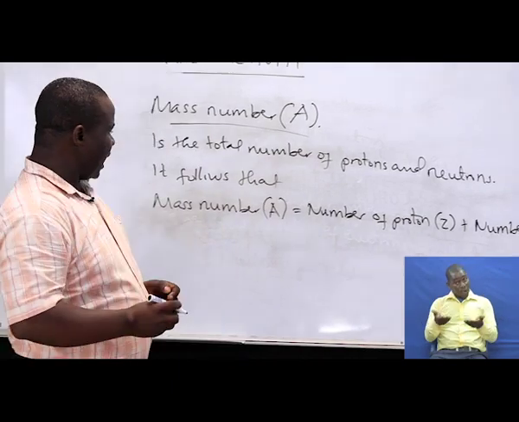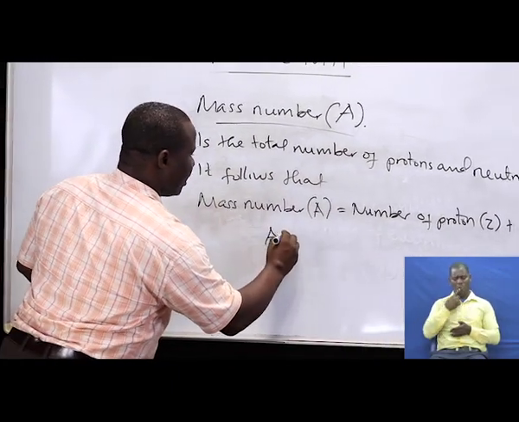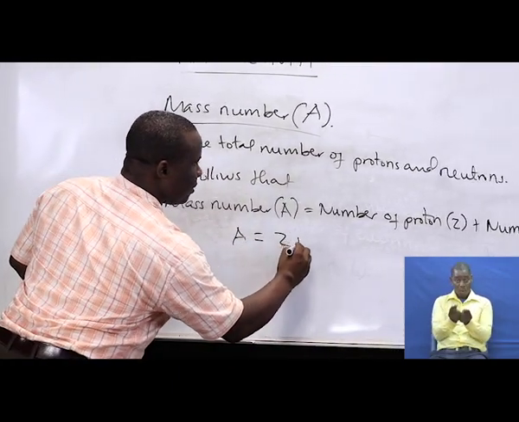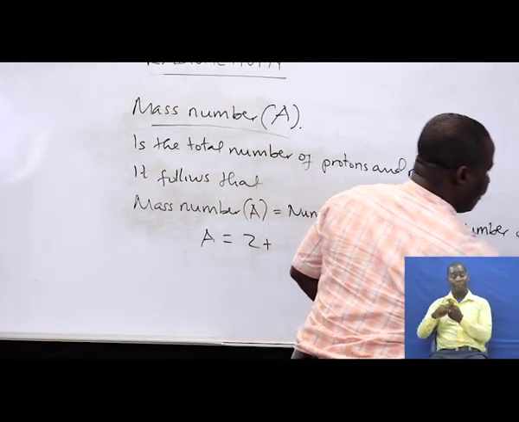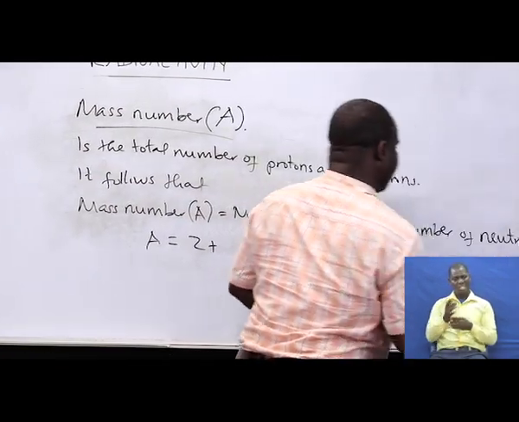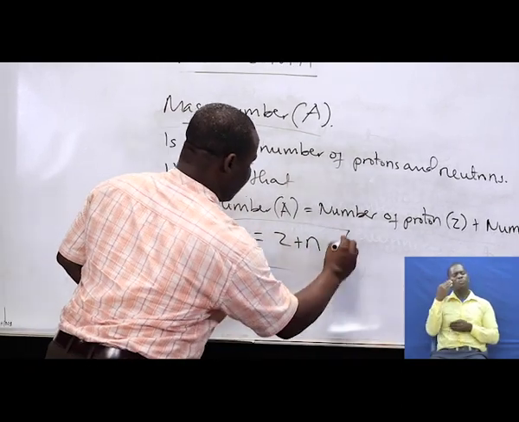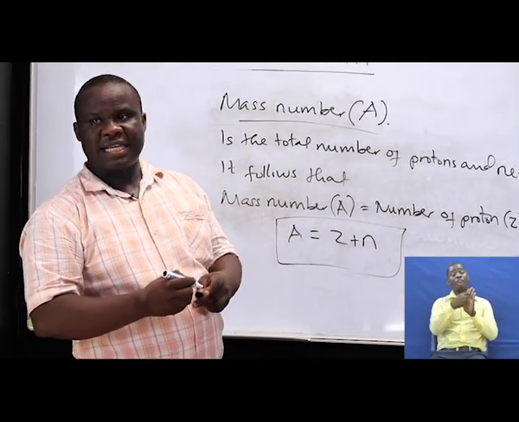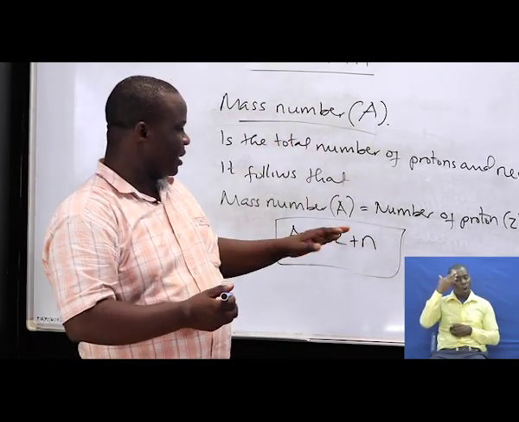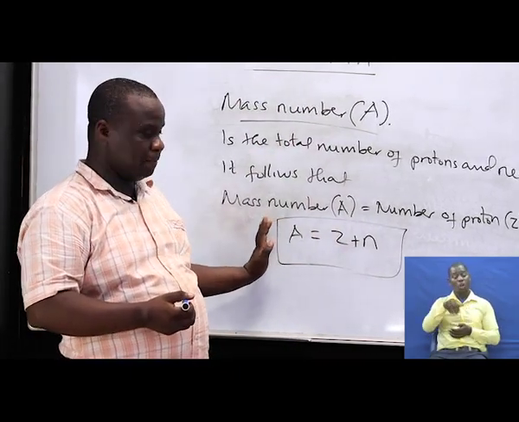So symbolically, A equals Z plus n. This is a very important formula; if you are asked about these aspects, you will have to know this formula.